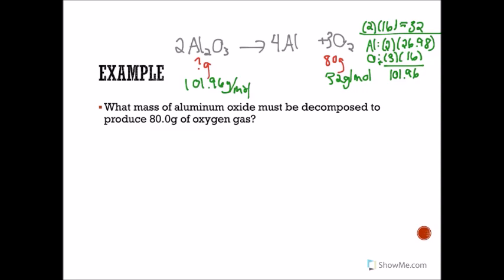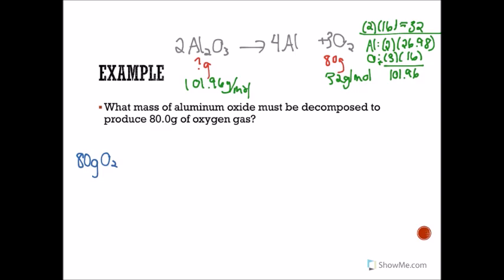We first need to start with the number in our question, 80 grams of oxygen, and make sure we write the substance that the number corresponds to, because we're going to need to use the mole ratio in order to relate.